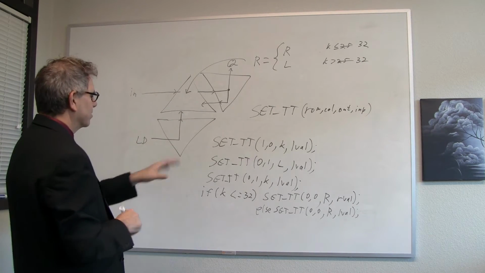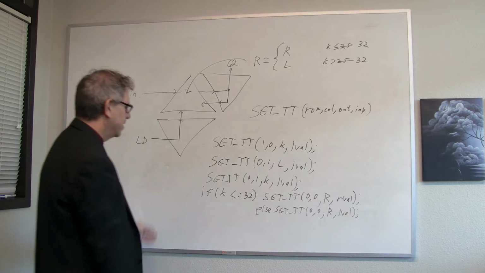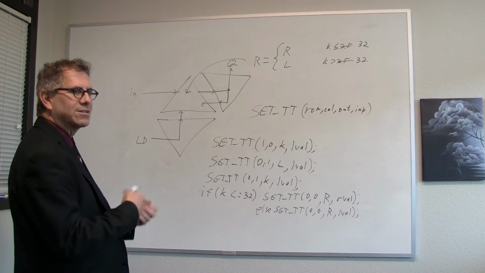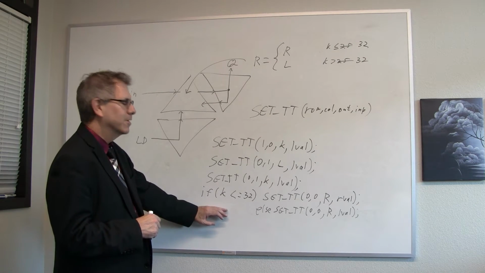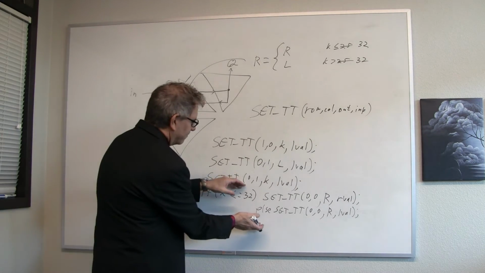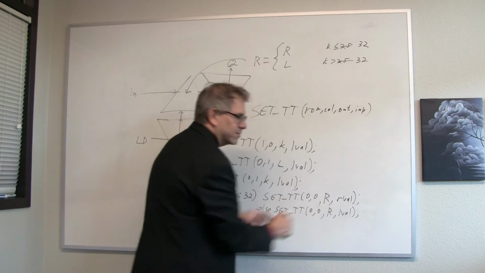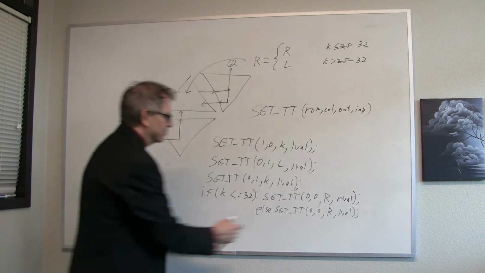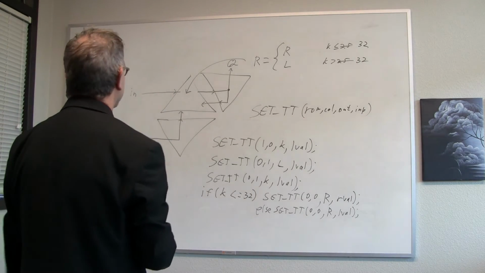And I think that's what we're seeing here, is that this is code we're going to compile, but the code that's compiled as a result doesn't contain an if statement, right? The code that's compiled is such that we get this effective behavior. If K is less than 32, the stored function looks like this, otherwise it looks like this. Don't think about it too much unless you like that kind of thing.